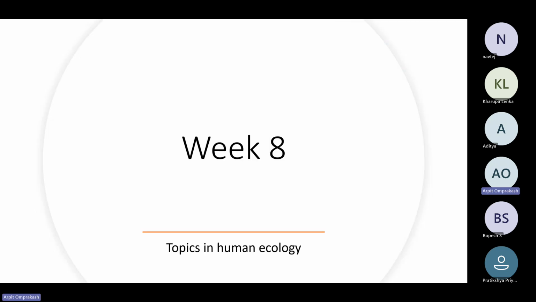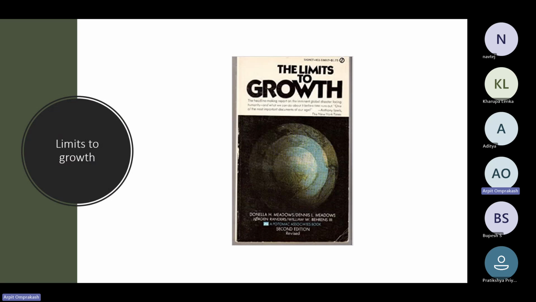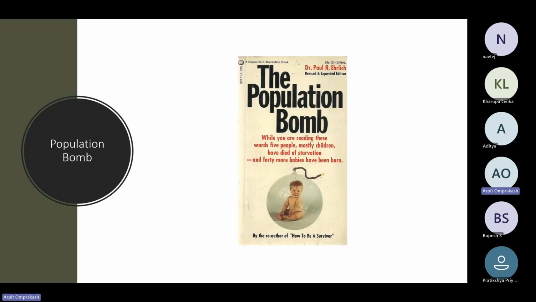So we'll start with week 8. The first chapter is introduction and impacts. In this book and also in this other book, these authors have written about how our population is going to collapse after some time.